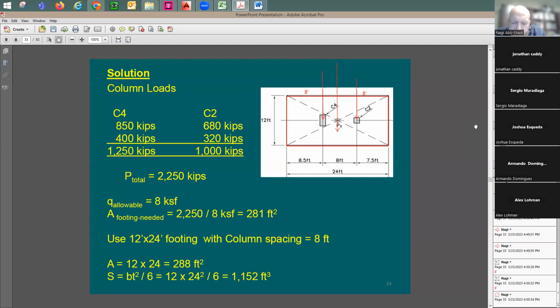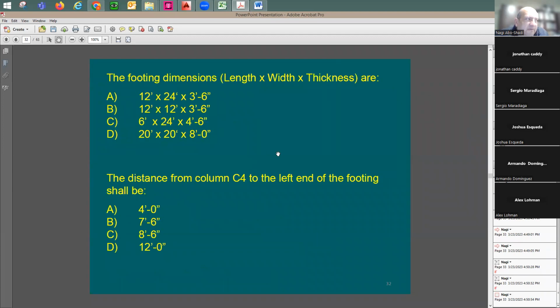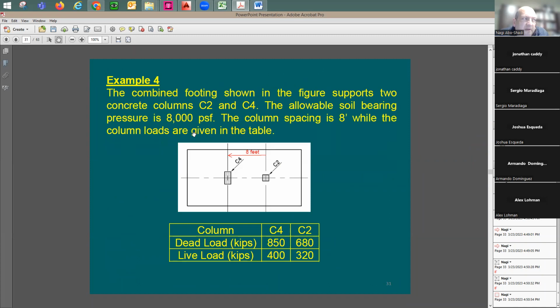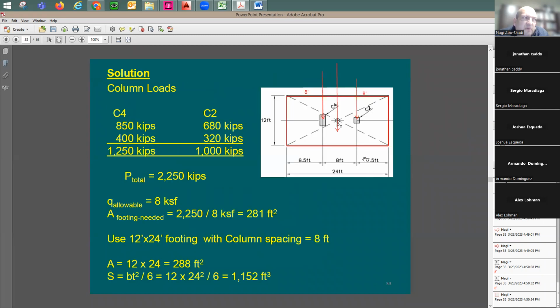All right, let me tell you what's happening. In some soils reports, if they say the net pressure is going to be, let's say, 8,000 KSF, it means it's okay to ignore the self-weight of the footing. If they say gross, it means you need to include it. So you're absolutely correct.